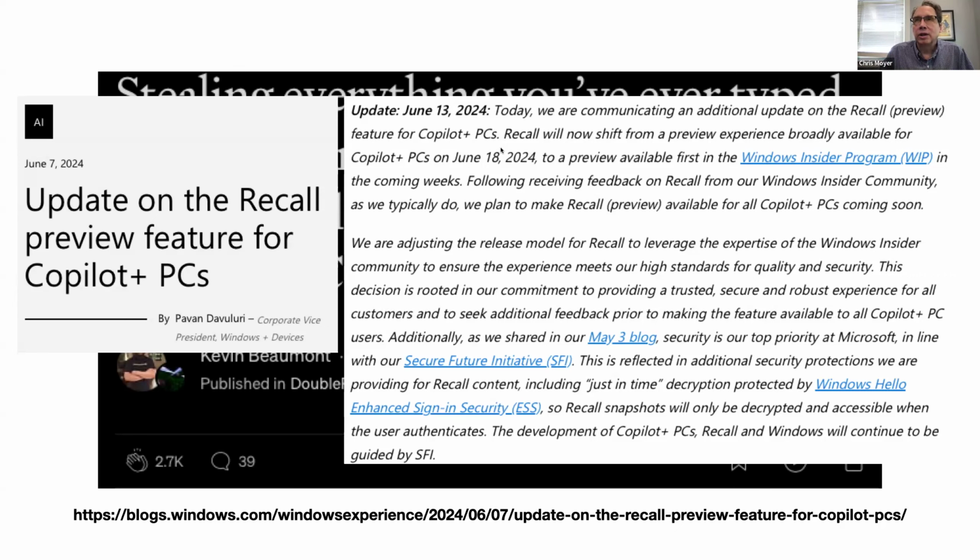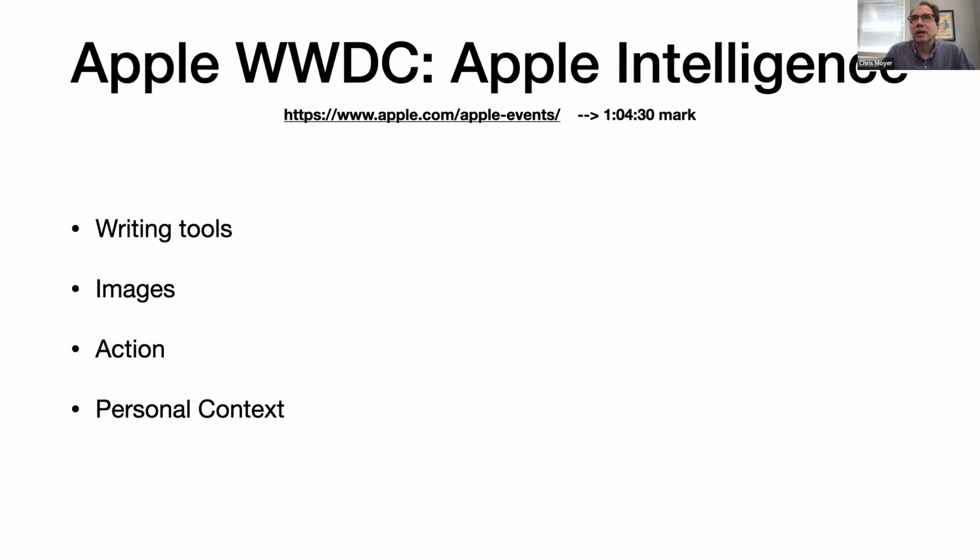But that sort of segues to what Apple is doing, because the Worldwide Developer Conference just happened days ago. And a huge segment of their keynote was discussing their version of AI, Apple Intelligence. So to Apple, AI means Apple Intelligence, not artificial intelligence.